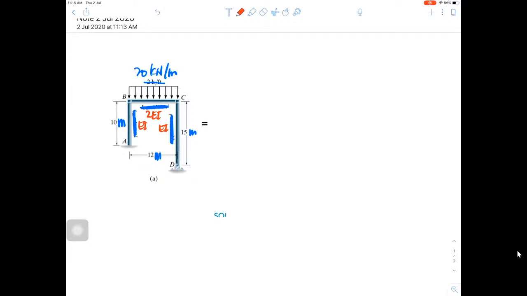So this frame will be analyzed. This is a side sway frame because the column is unsymmetrical. One column AB is 10 meter and CD is 15 meter. The columns have EI and the beam has 2 EI.